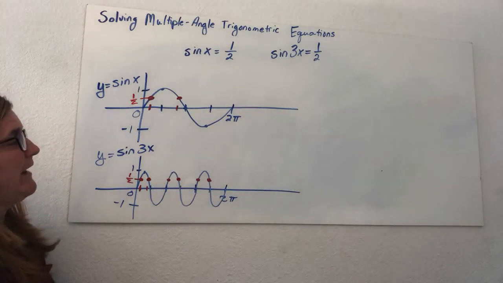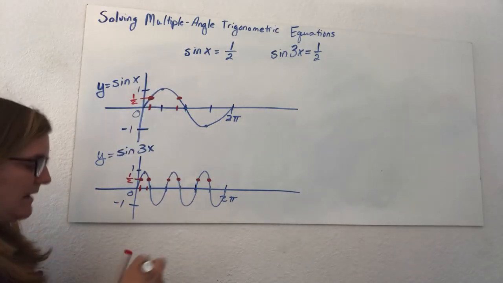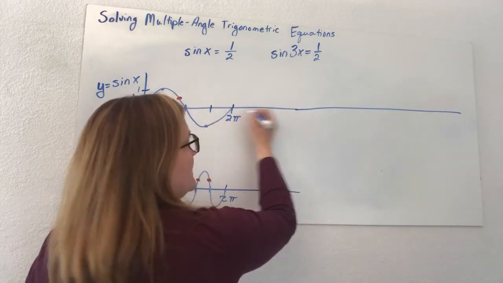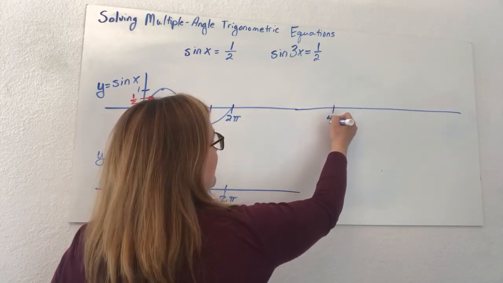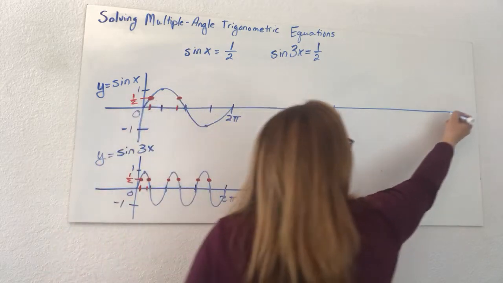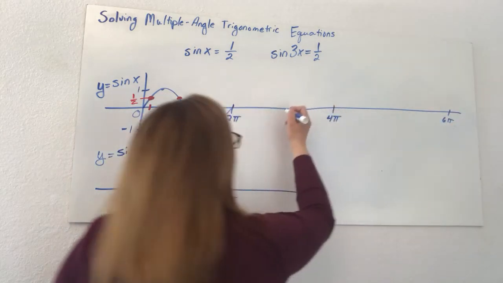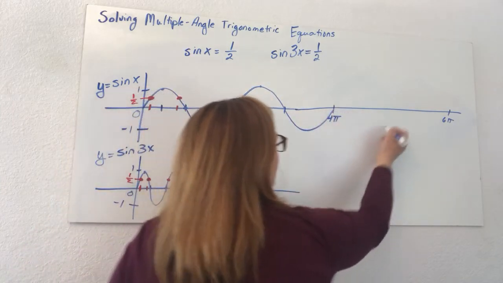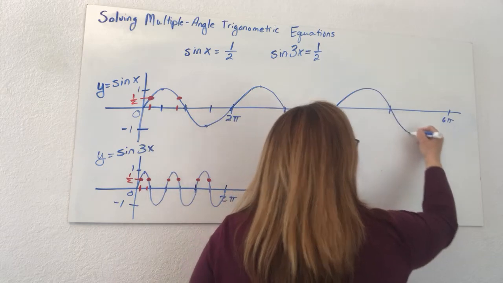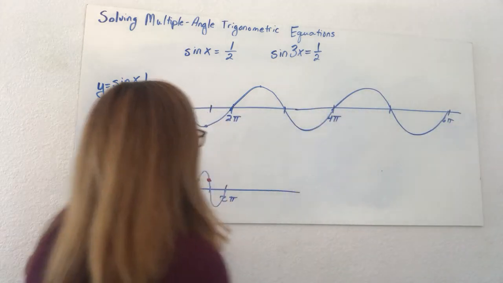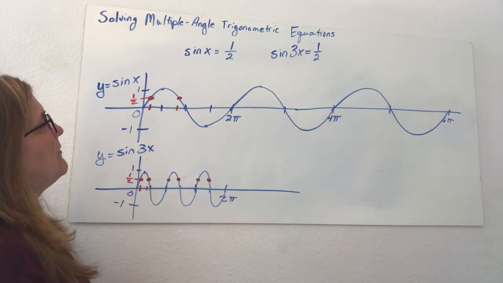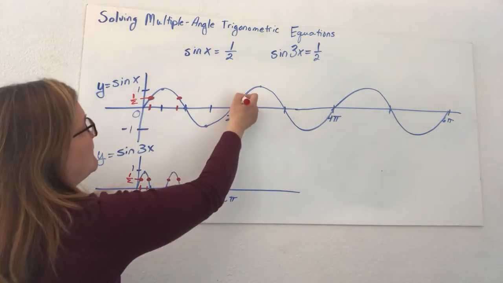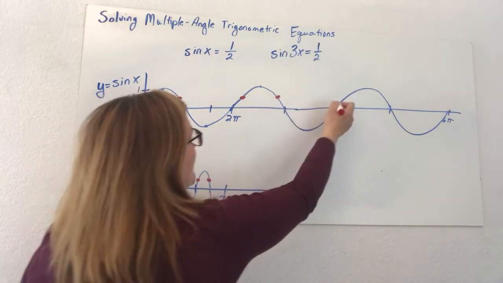But if we compare that to the graph y equals sine of x, let's consider the graph extended all the way to 6 pi. So we would see 3 cycles of this graph as well. Now between 0 and 6 pi, the sine of x also has 6 places where the y value is equal to 1/2.